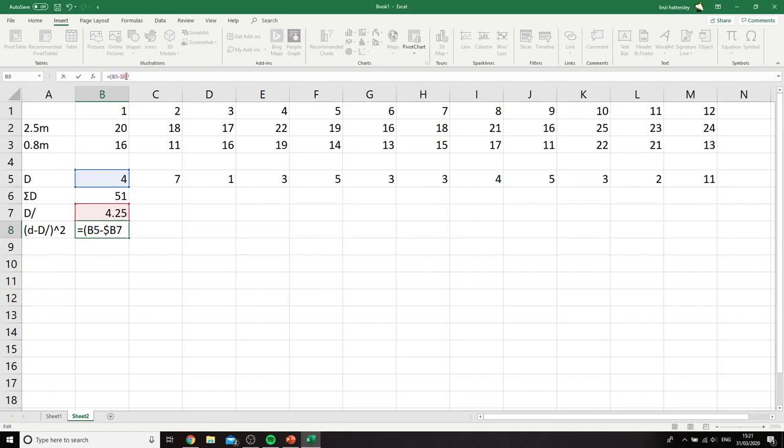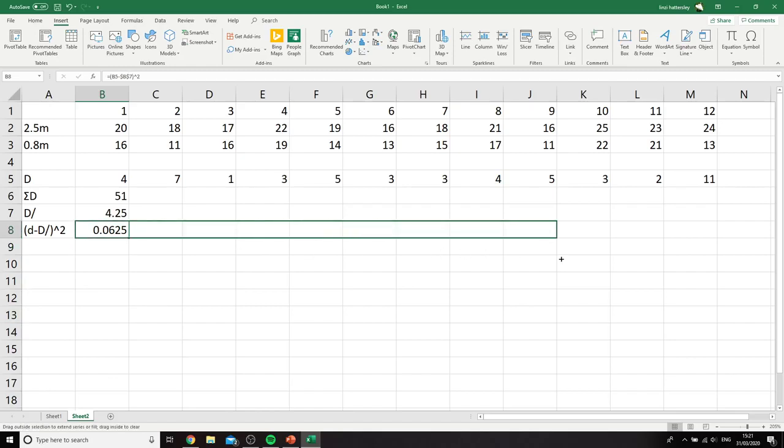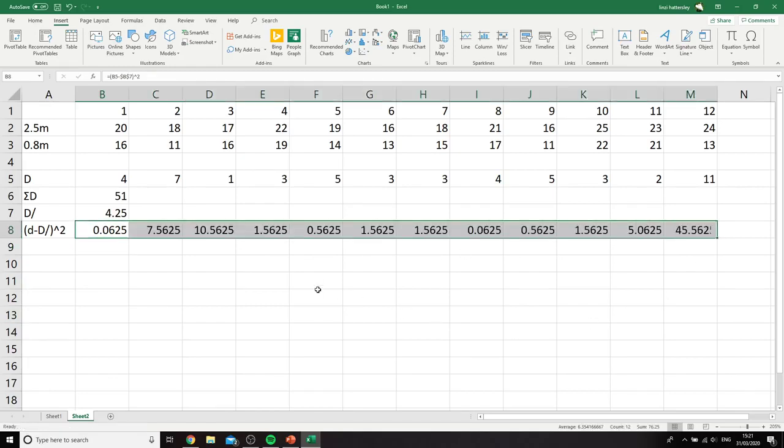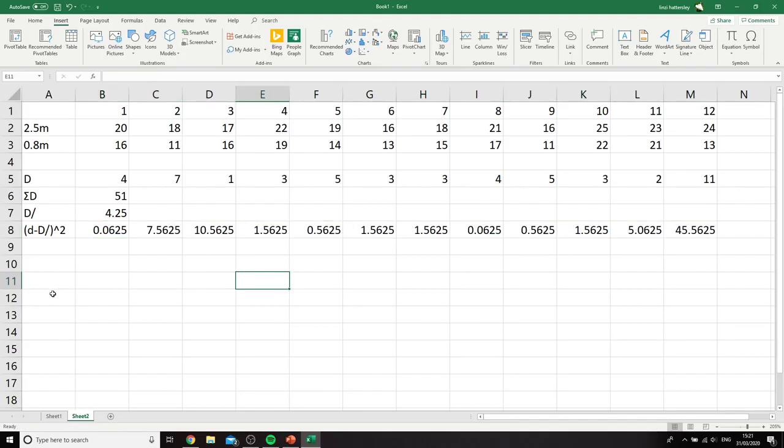I'm going to put dollar signs in front of the B and in front of the 7. So we're telling the formula that it needs to stay on that cell. I'm going to square it, shift 6 and 2, enter. I'm going to drag it across, all the way across for all of them.